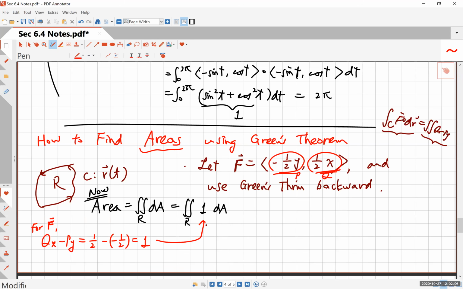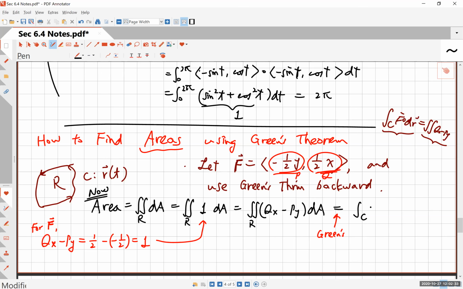That's why I put 1 in here, because for this very specific vector field, which is cleverly defined by someone, Qx minus Py is exactly 1, right? Now, this is the right-hand side of Green's theorem. So now I am going to apply Green's theorem going from right to left in this case.